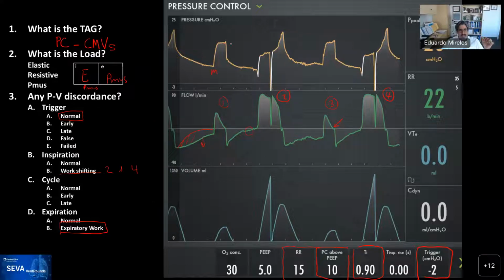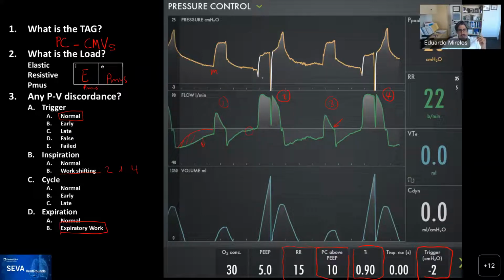I presume this number. The machine cannot pressurize. The patient is doing a high amount of effort, and you can see that because of the flow waveform. You can see the difference in peak flow from the passive breath to this one, and how it continues to do effort longer than the inspiratory time.